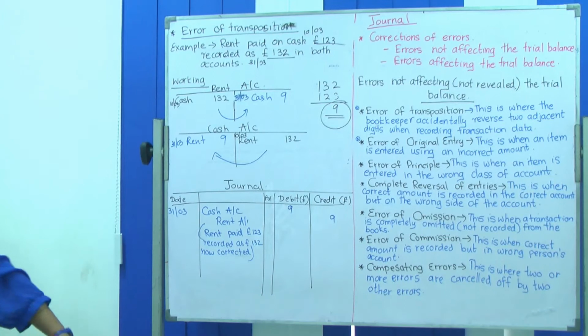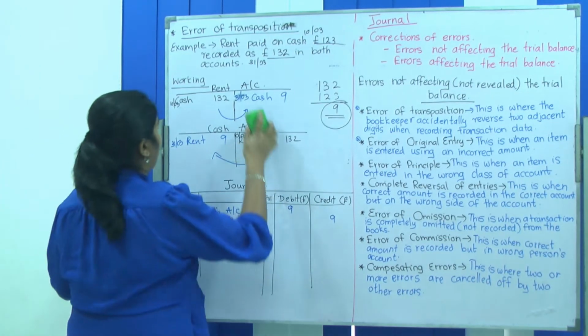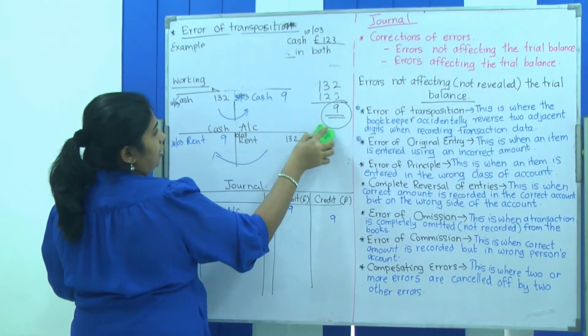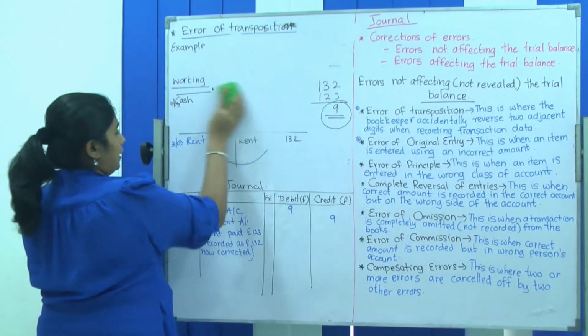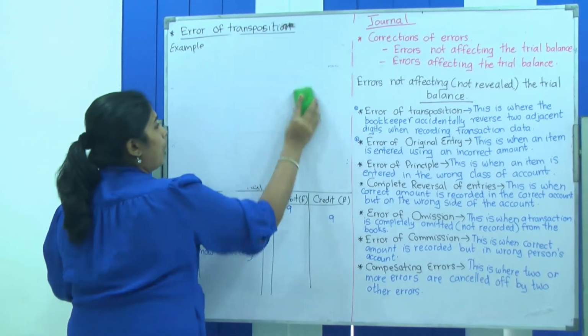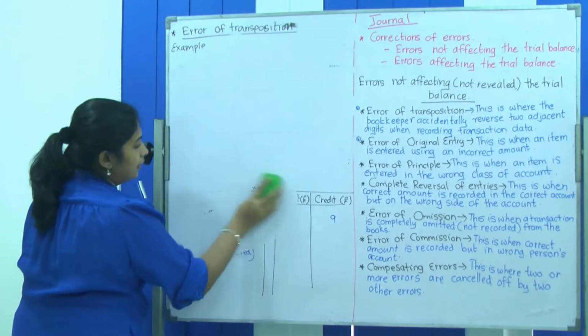Now I'll show you another example. Here there was an increase of £9. Now I'll show you how to record when there is a decrease.